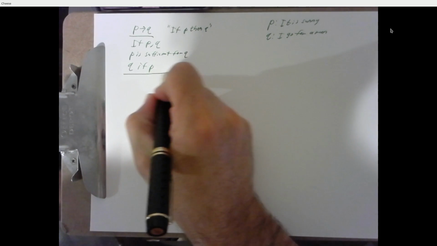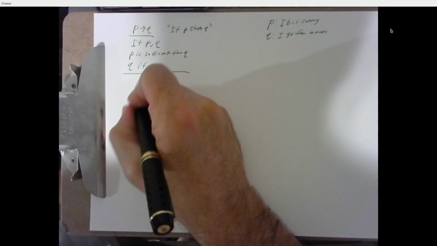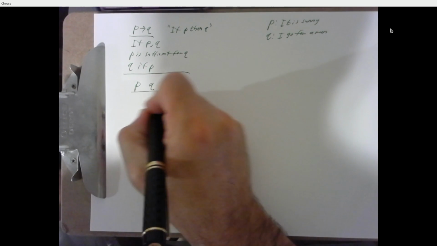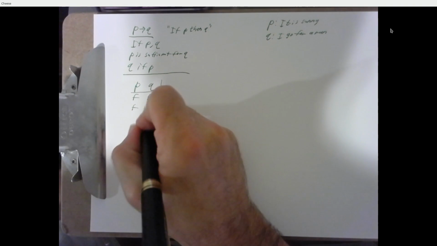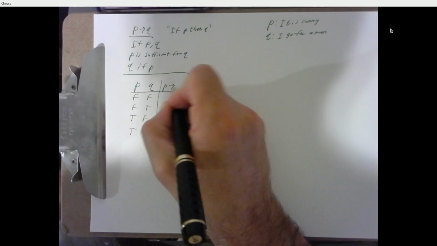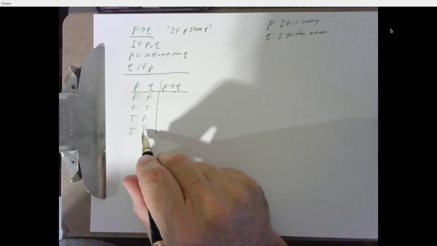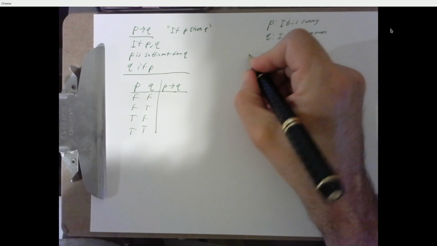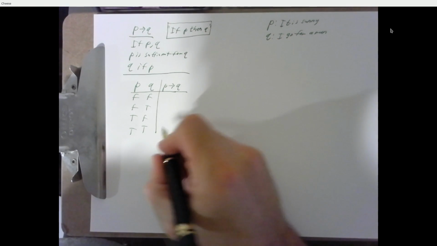So as with conjunction and disjunction, we'd like to represent a truth table to show us exactly what this conditional does. So again, P and Q have 4 possible combinations of truth values. And for each one, we can list what the conditional if P then Q is. Well, if P turns out to be true and Q turns out to be true, there's certainly no argument that this statement, if P then Q, is itself true.